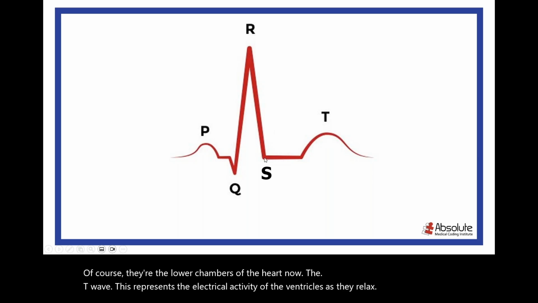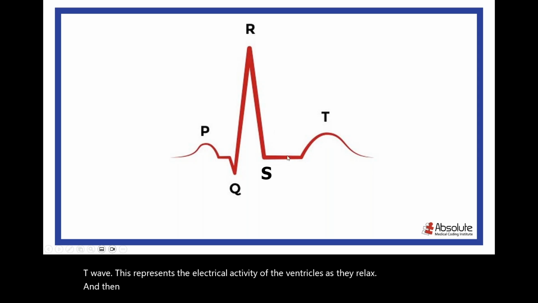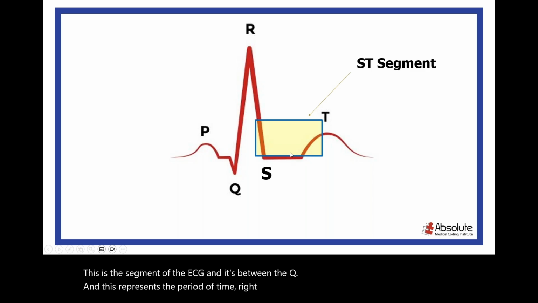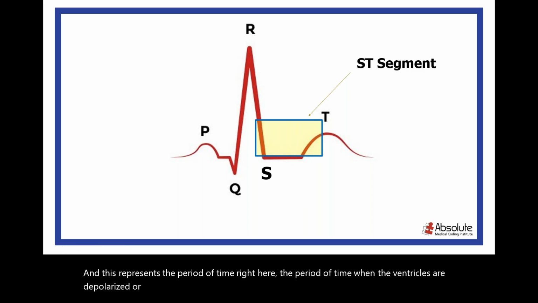And then the ST segment right here, this is the segment of the ECG, and it's between the Q, R, S, T. And this represents the period of time when the ventricles are depolarized or recharging, right?